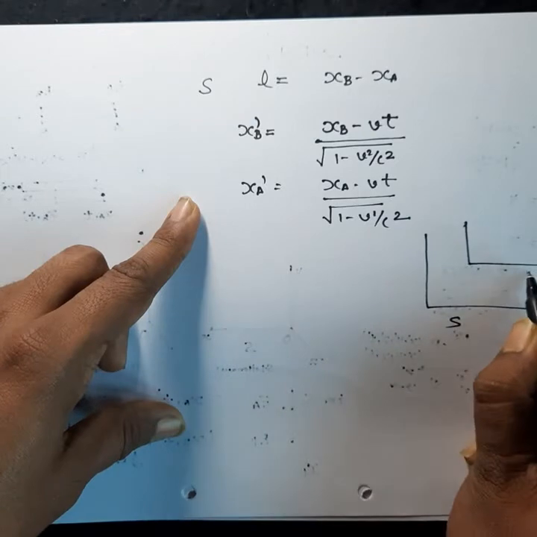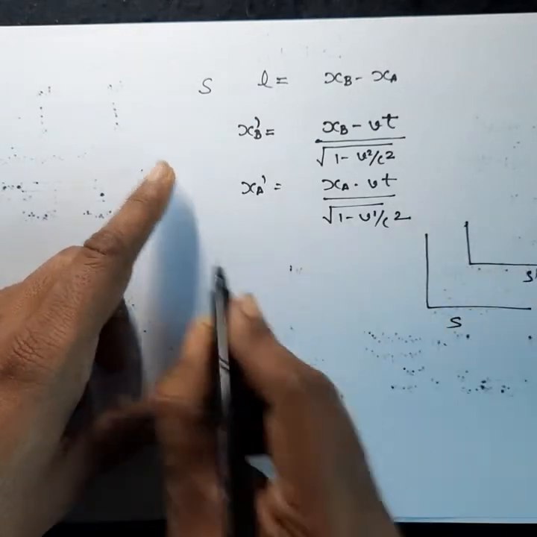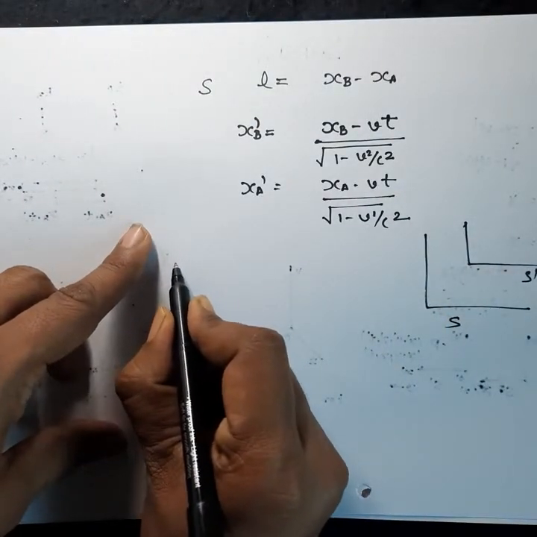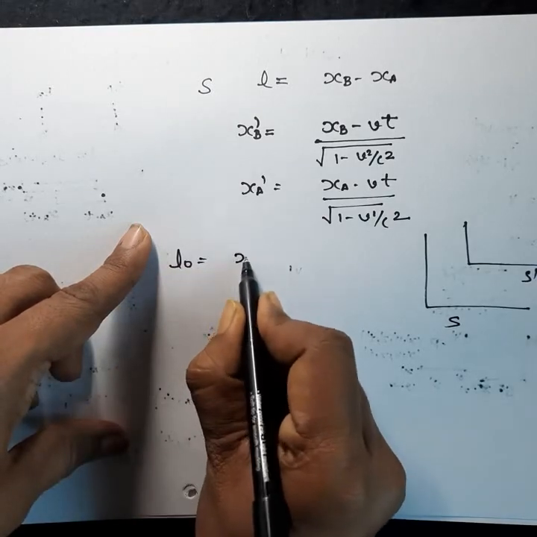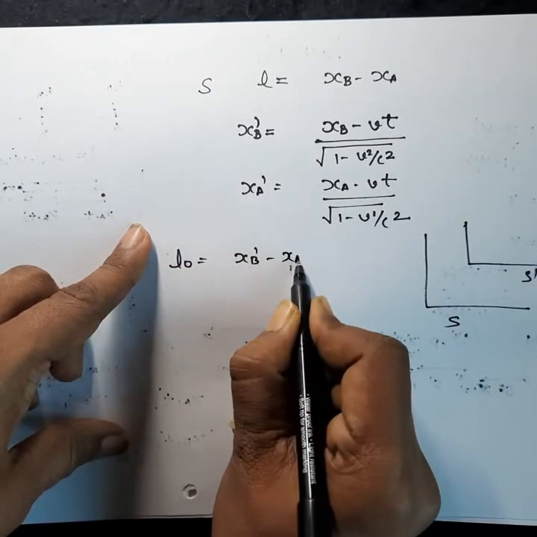So this was S and this was S dash. In the S dash frame of reference the length will be L0, which is xb dash minus xa dash.